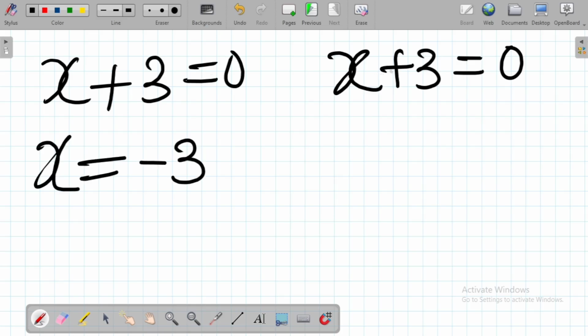And then over to this side, x is equal to, we move positive 3 to the right hand side, it becomes negative 3. Now you can see clearly that the roots are equal. x is equal to negative 3 and x is equal to negative 3.